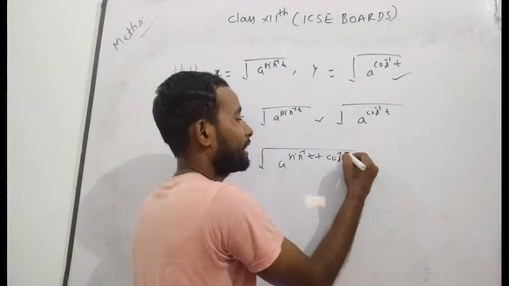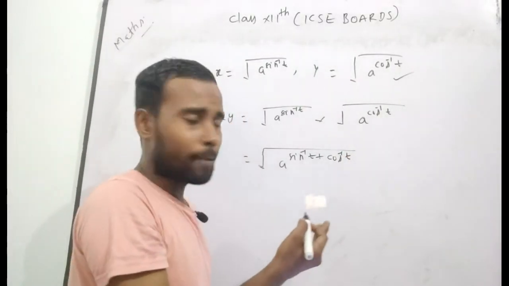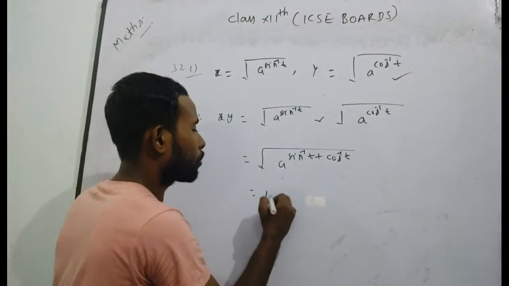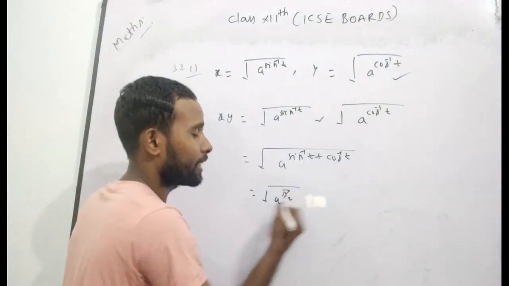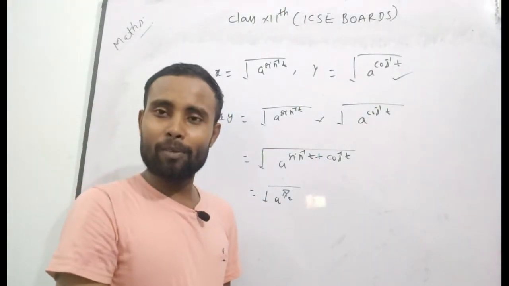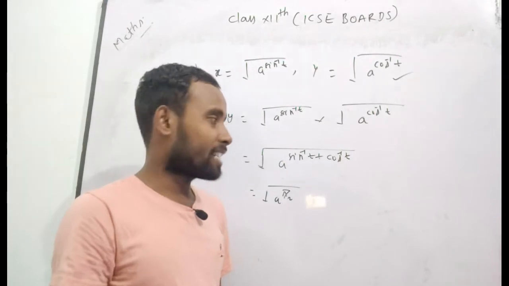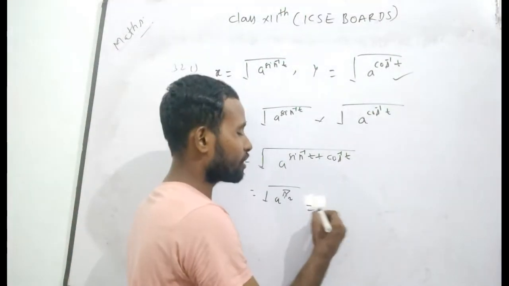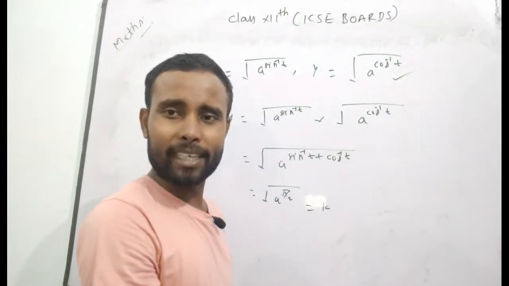Why? Because it is in multiplication and the base is the same, so powers can be added. Now it will be under root a to the power pi by 2. Why? Because of the inverse trigonometric formula: sin inverse theta plus cos inverse theta is pi by 2. As you know that it is a constant, so you can take it as k.